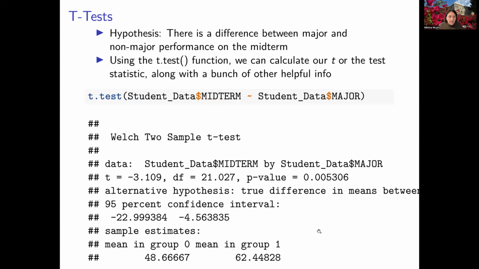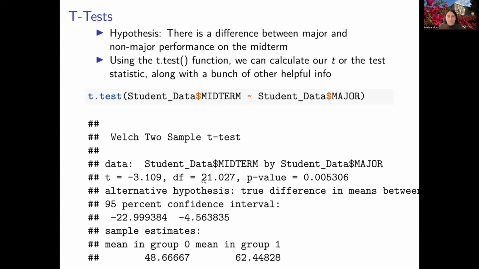Okay, so the other interesting things that we're going to get here: the t over here is our test statistic. So it's negative 3.109. We'll talk about what that test statistic means more concretely in a second, but this is where you find it. We also get this thing called degrees of freedom, which is a kind of catch term for the variance and how big our data set is.